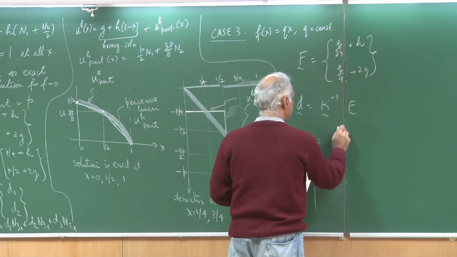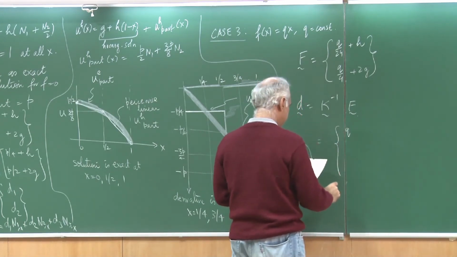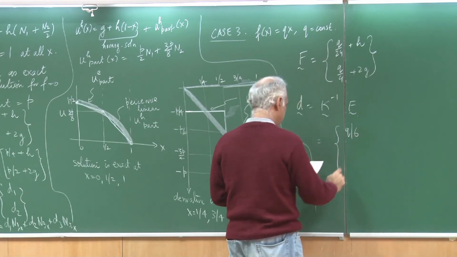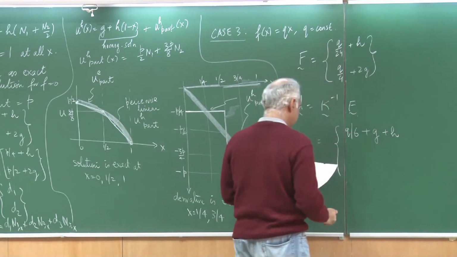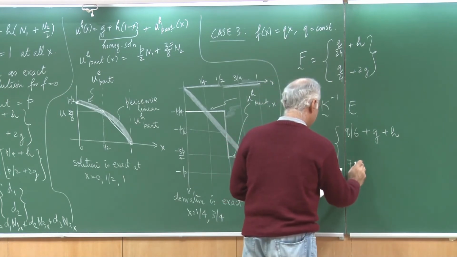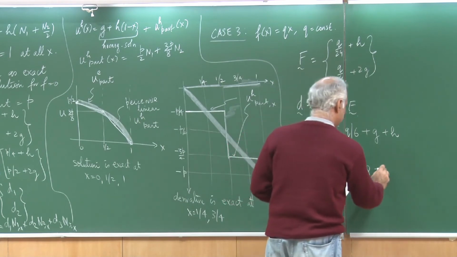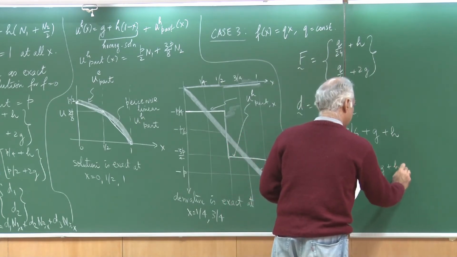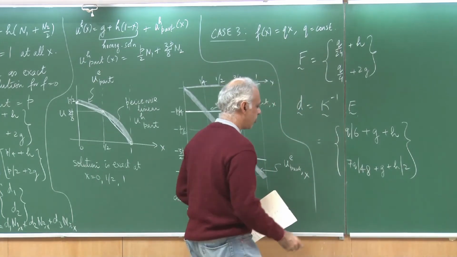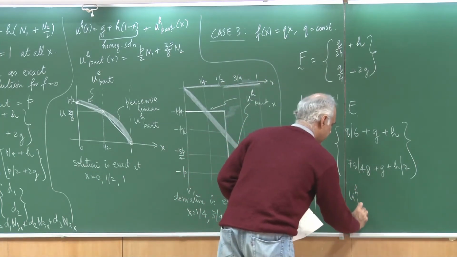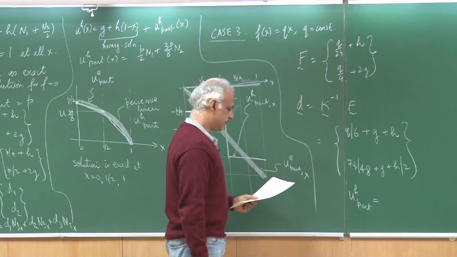and this would turn out to be, I am just giving you the values, you can check them, work them out, q by 6 plus g plus h, and 7q by 48 plus g plus h by 2. So, I can now write down what is my u_h particular.